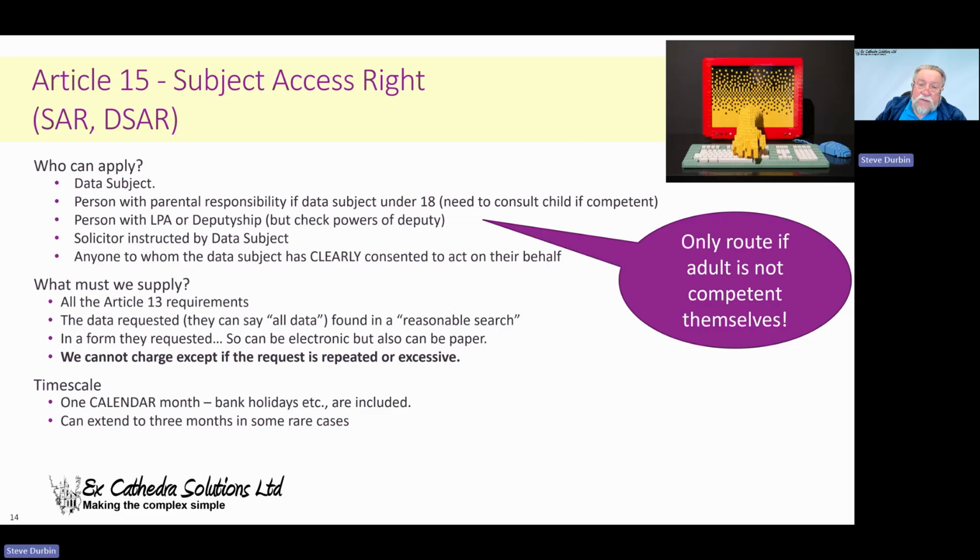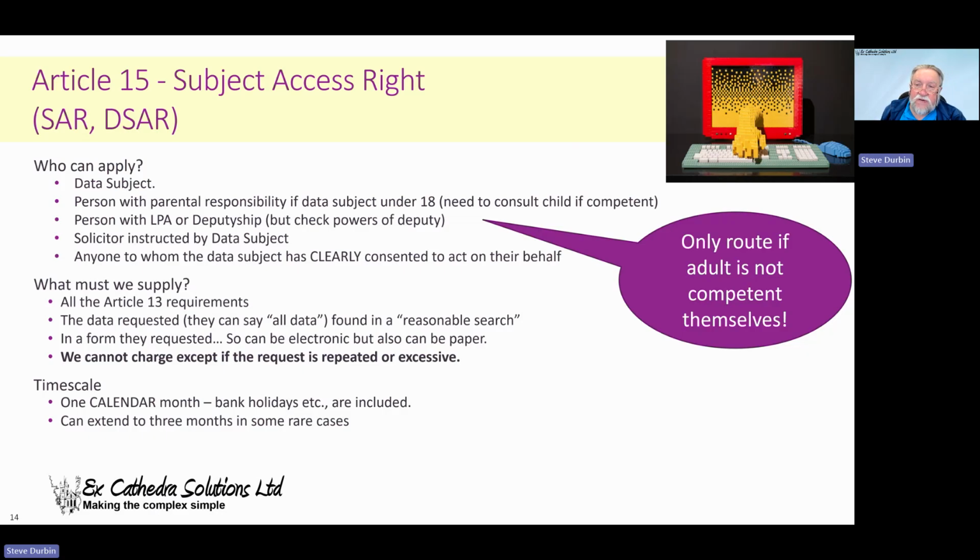So what have we got to supply with the subject access request? Well, we've got to supply all of the Article 13 requirements, and 14 actually. So we've got to supply all of that stuff. We've got to supply the data they requested, and they can say all data, and frequently will. And we've got to do a reasonable search for it. Now, be very careful of that term.